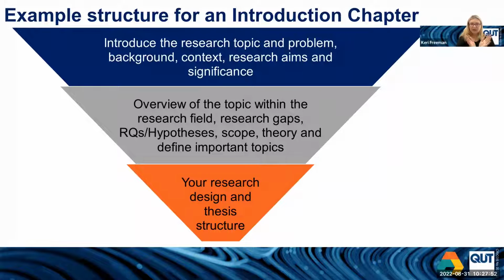Then you'll narrow down into the more specific parts of the research, such as the gaps, the research questions, any theories, important definitions. And then at the end of the chapter, you generally give them an idea of the research design and the structure of the thesis.